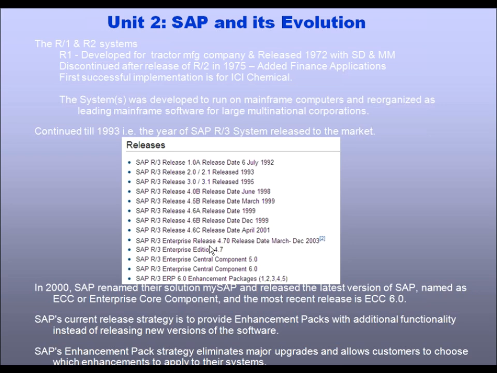ECC is just a server component. If you want SRM, it's just another server component. If you want SCM, supply chain management, that's another component of SAP. This component version has been used from SAP version 4.7 onwards. Even after 4.7, year after year, SAP introduced these new components. ECC is 5.0, 6.0. After 6.0, SAP said no more versions.